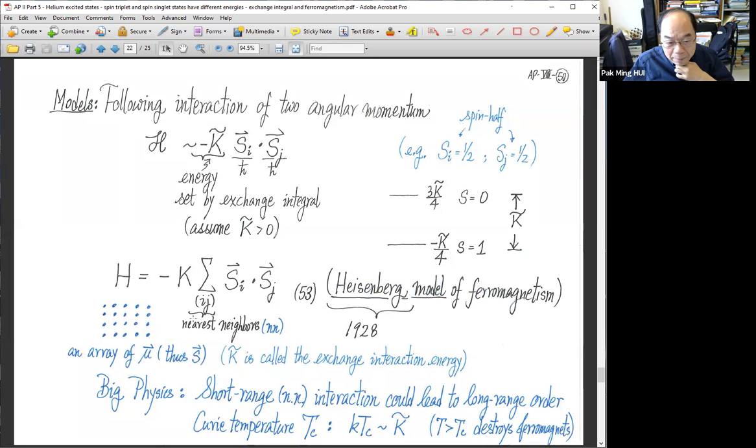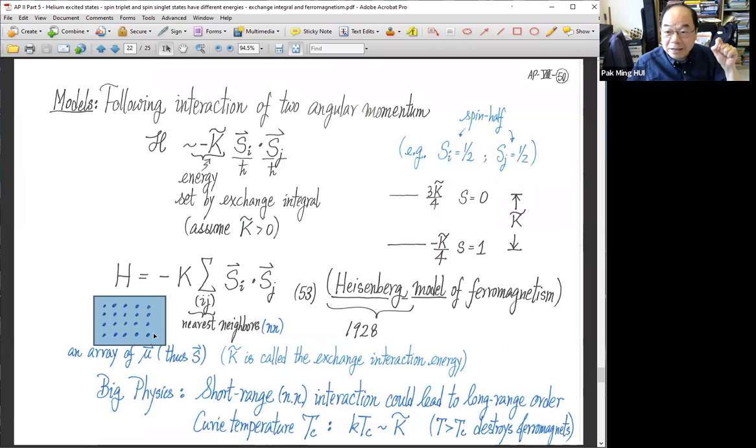I was talking about how even when we only sum up nearest neighbor interaction, we will have alignment of all the spins in our array. That is long range order. So let me give you the punchline one more time. Short range interaction could lead to long range order.